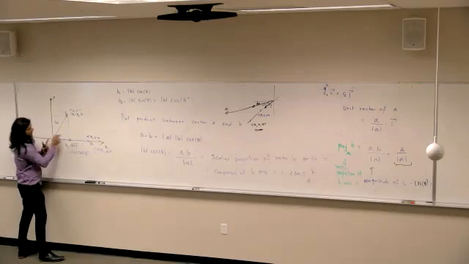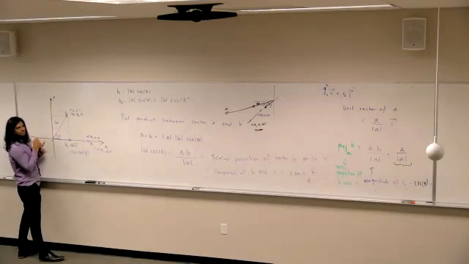What is the length of this? 4. What about that? 2. How do we find the angle? Inverse tangent, or inverse cosine, or cosine, trigonometry, right?